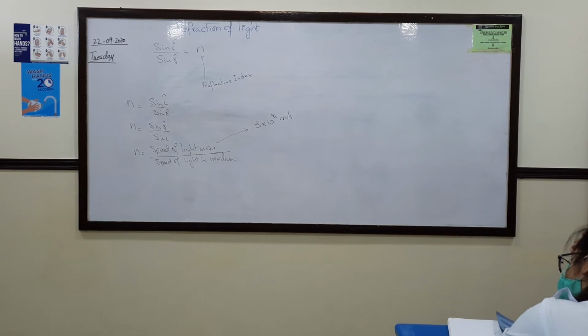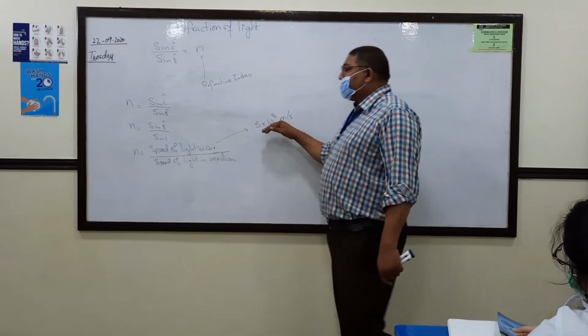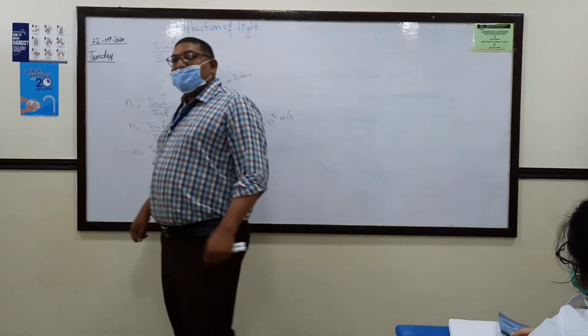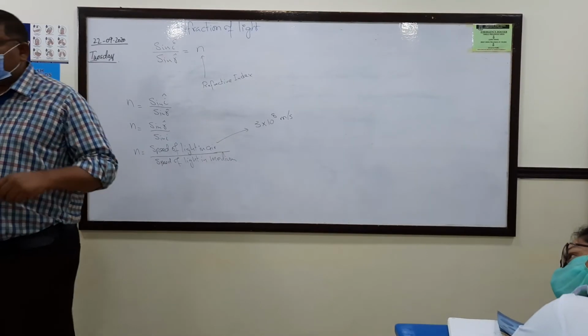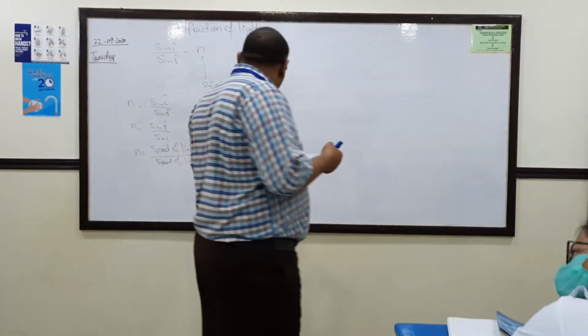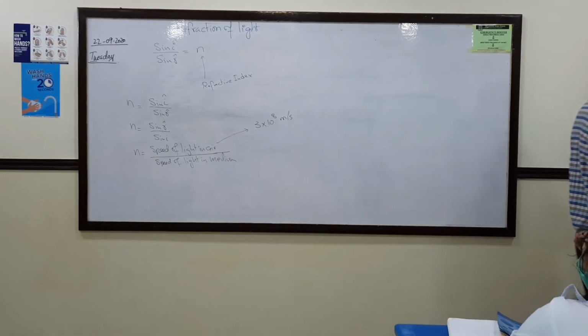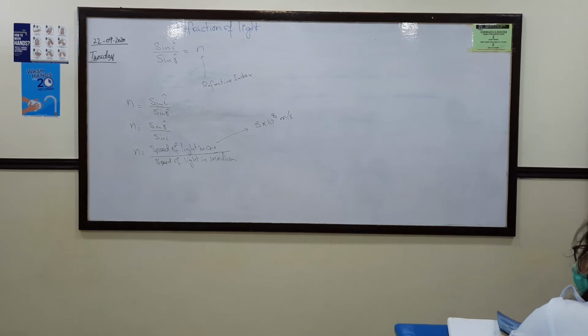Whenever a numerical involving this formula comes, they will not provide you the speed of light in air. They suppose that you remember it, so keep it in your memory. So the speed of light in air and the speed of light in that medium: this is the second formula for the refractive index.